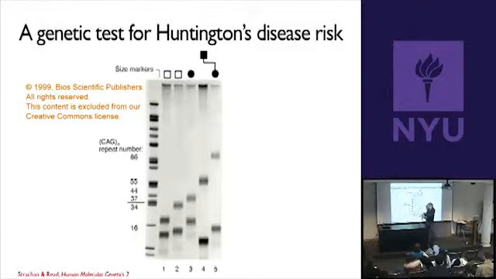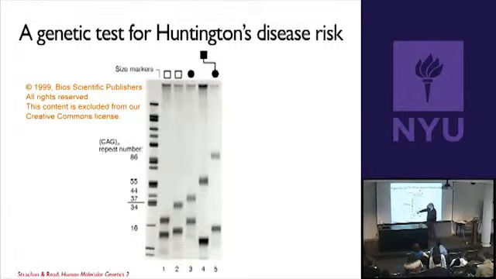Likewise, for this male individual who doesn't have the disease, one parent passed on the copy of the gene that has borderline, so somewhere around 34 copies of the repeat, and the other parent had sort of a more normal copy with like 14 versions of the repeat. Okay, and so this guy's borderline, right?